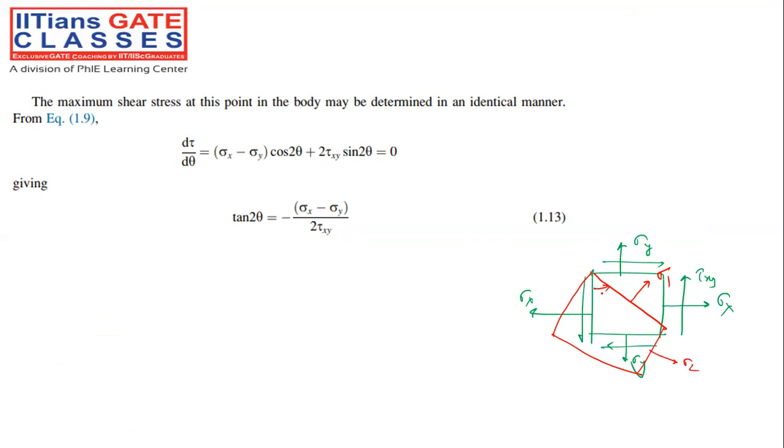One is theta p1, the other is theta p2. Both planes will make an angle of 90 degrees. If theta p1 is, suppose, 50 degrees, theta p2 will obviously be 40 degrees. Together they make 90 degrees with each other, right?